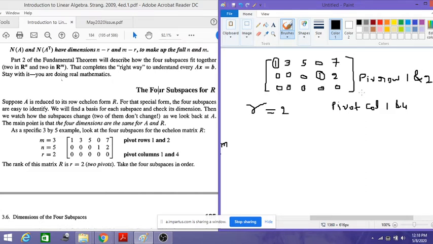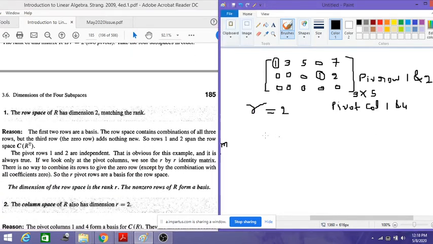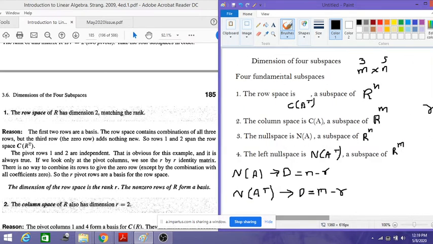This is actually a 3 by 5 matrix, so m is equal to 3 and n is equal to 5, and the rank of the matrix is equal to 2.